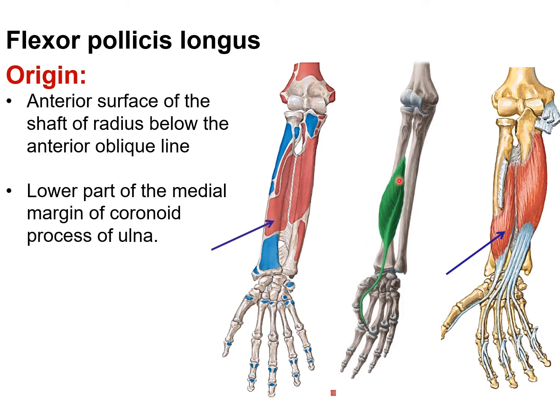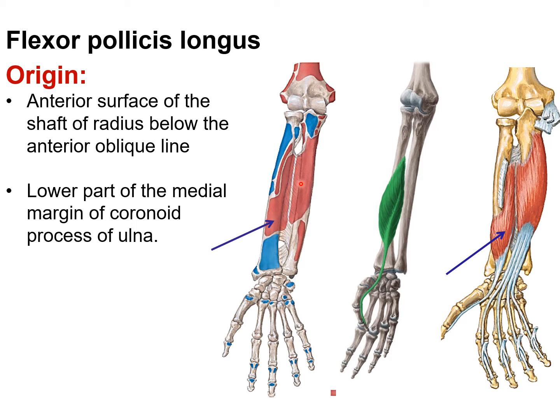Talking about the flexor pollicis longus, it arises from the anterior surface of the shaft of the radius below the anterior oblique line, and it intervenes between the radial tuberosity and the upper attachment of the pronator quadratus.